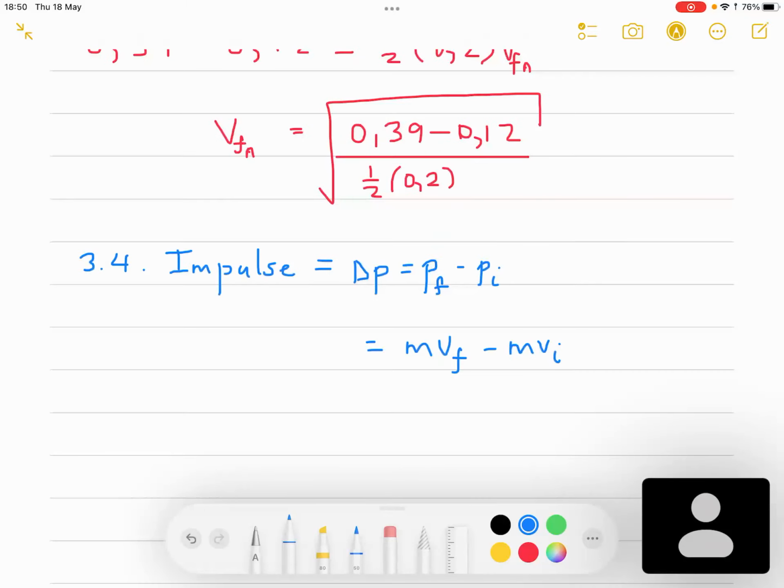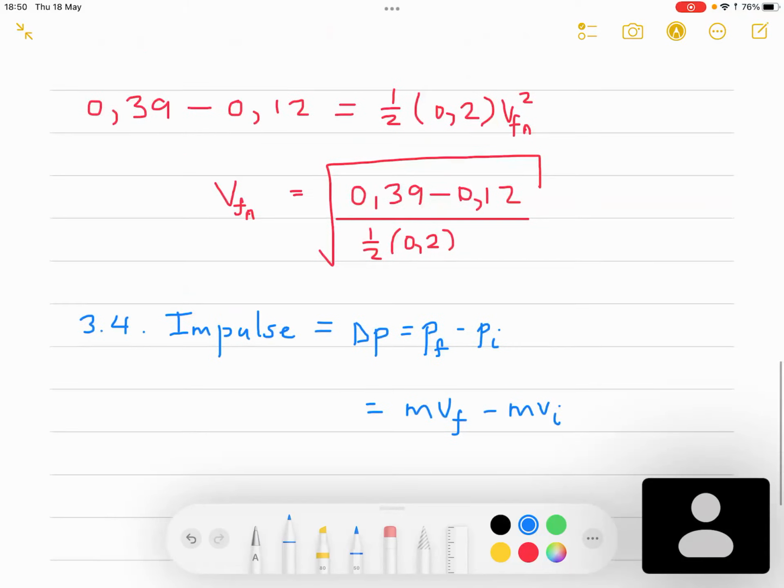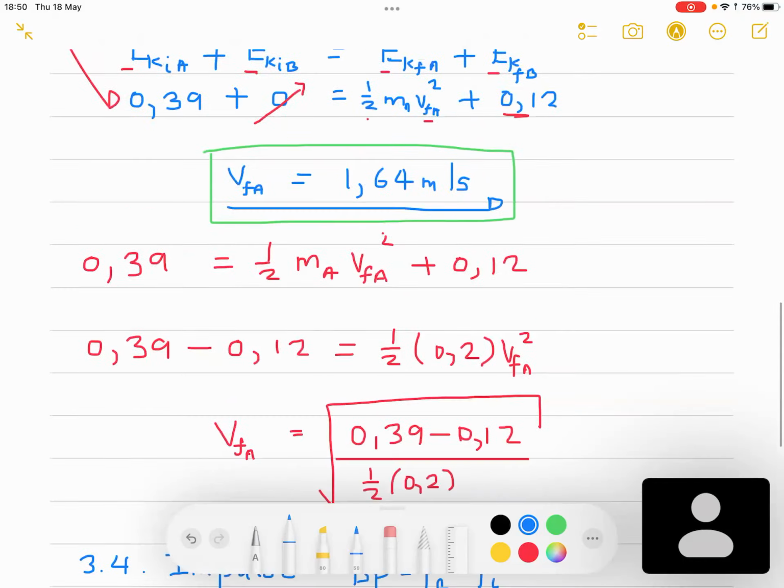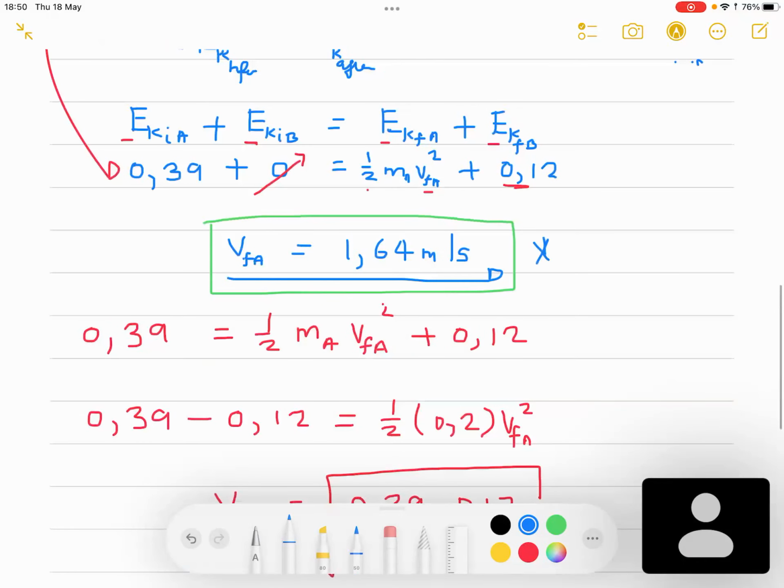So for us to calculate this impulse on ball A, we need to know the final velocity of A as well as the initial velocity of A. We've just calculated here 1.64 as the final velocity of A. But what is the initial velocity of A?